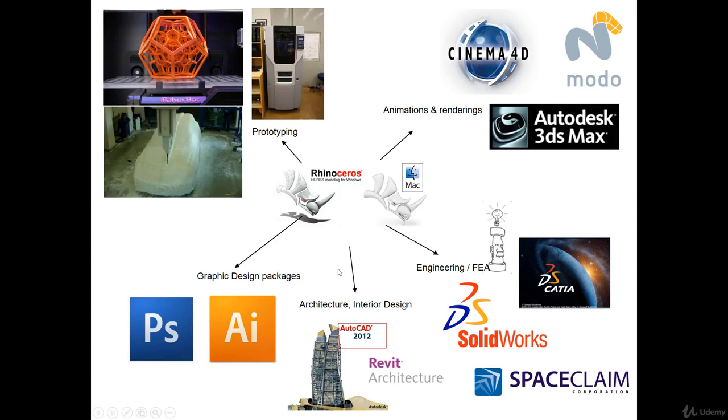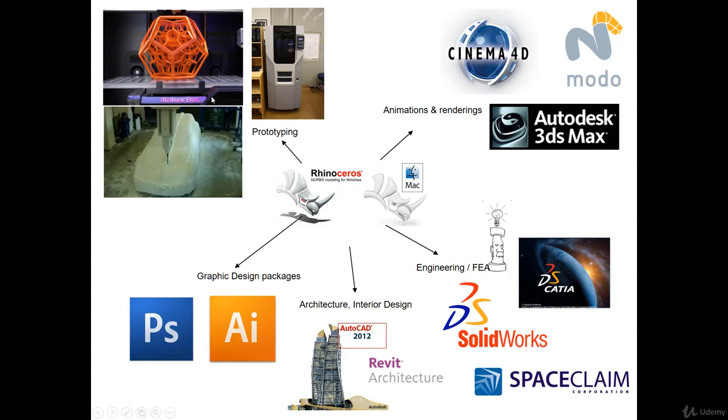And you can exchange easily with Revit or AutoCAD because obviously Rhino was a plugin for AutoCAD, so it works beautifully with AutoCAD also. It works very well with CATIA V5 because I use it myself at work. So Rhino and engineering packages like SolidWorks, it's not an issue. And of course, I also have experience with Cinema 4D and Modo, so I don't hesitate to export my NURBS surfaces into a polygon-based software package like 3ds Max, and I export typically as an OBJ file.